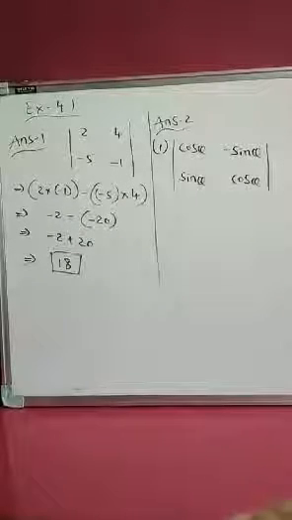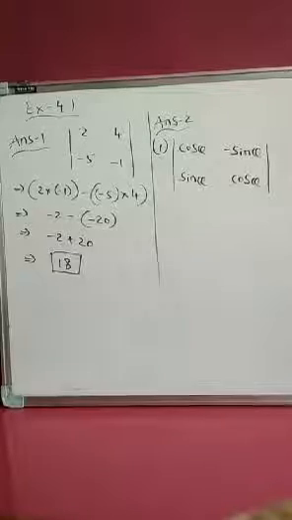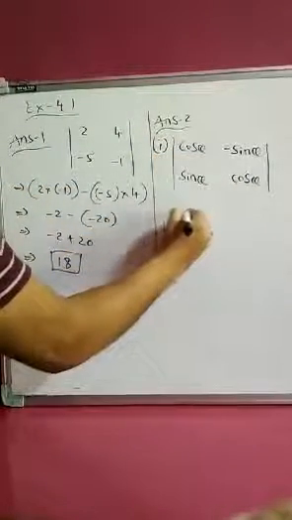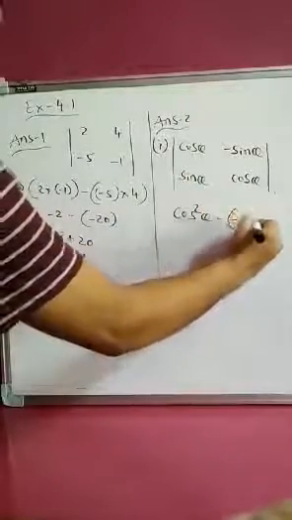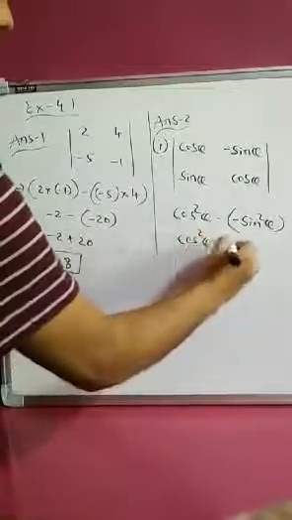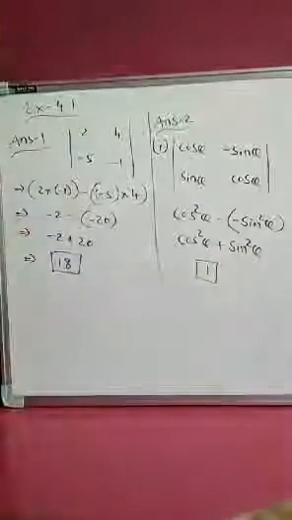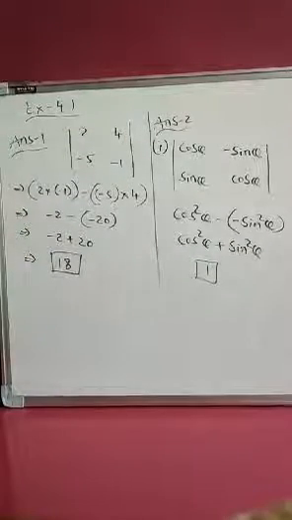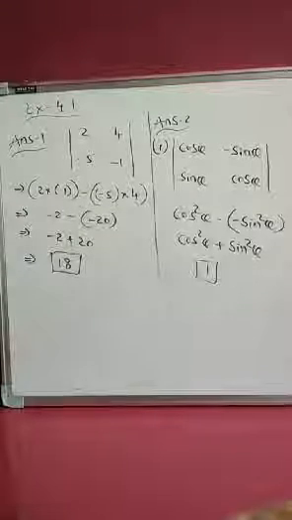Don't worry, dear students, cos theta and sin theta came, so there is no need to worry. Same thing: cos into cos, that is cos square theta, minus sin into minus sin, that is plus sin square theta. Cos square theta plus sin square theta, our answer is 1. It's very easy. I hope both the answers and the questions are clear to you.